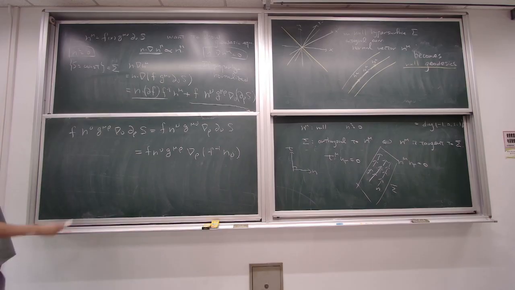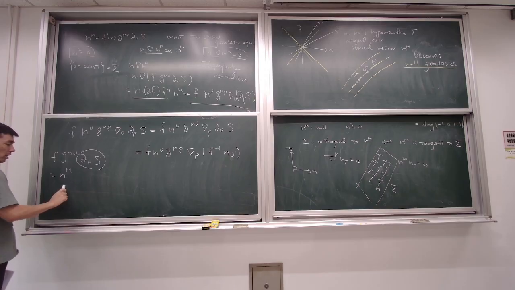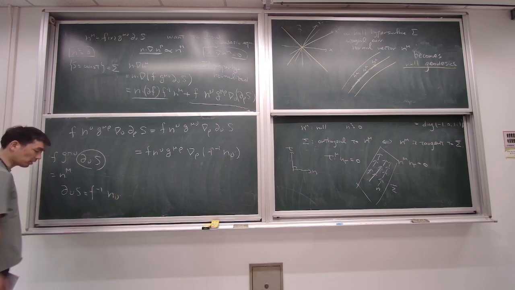Since g mu nu del nu s f is equal to n mu, therefore, multiplying by the inverse matrix, del nu s is equal to f inverse n nu. So that's the case.